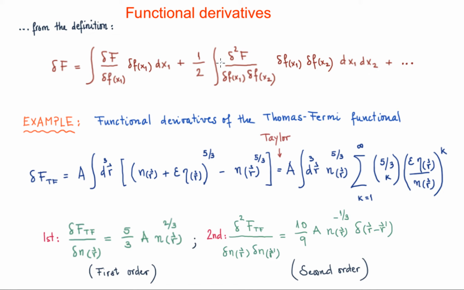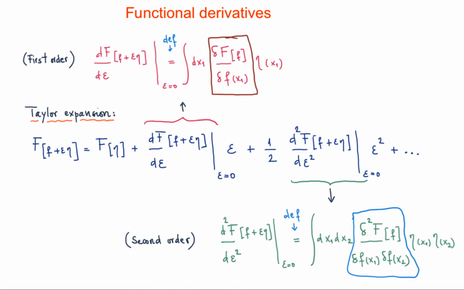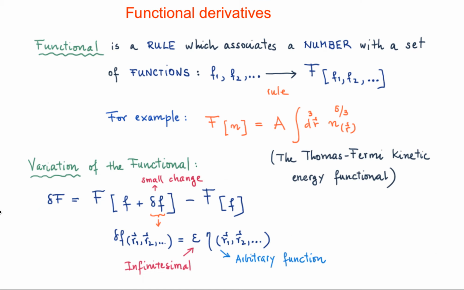Basically what we have to do is just follow the definition that we have presented above. So let's go back. What you have to do is the following. First, we change f to f plus epsilon times eta.